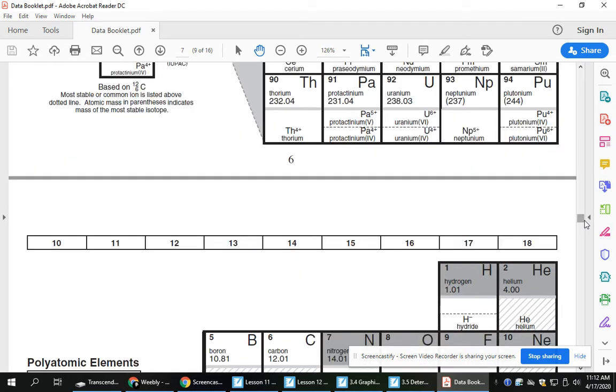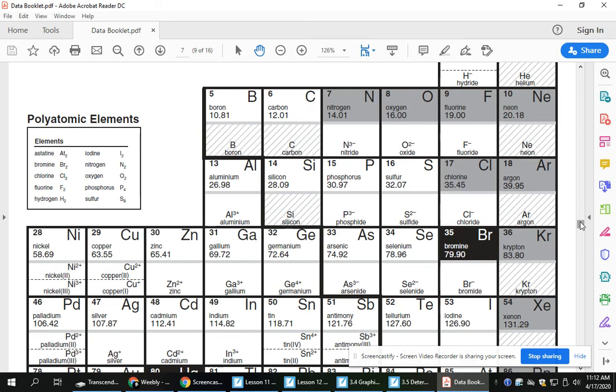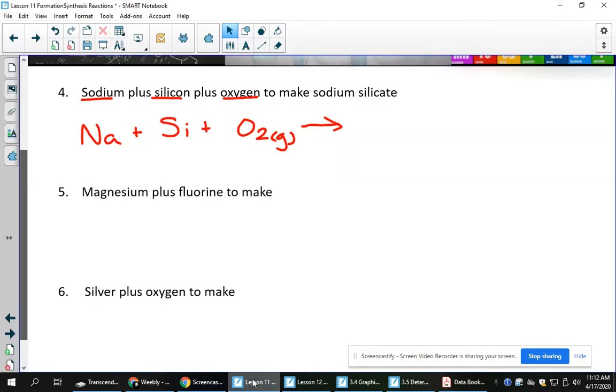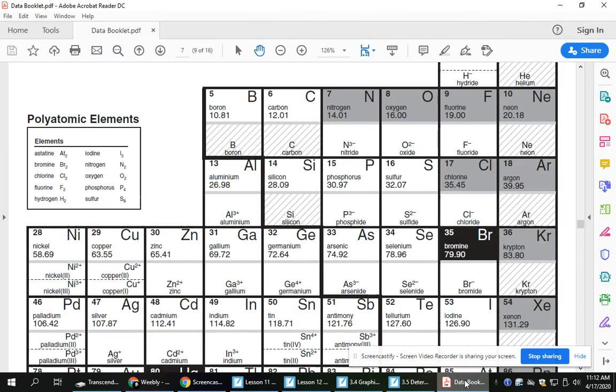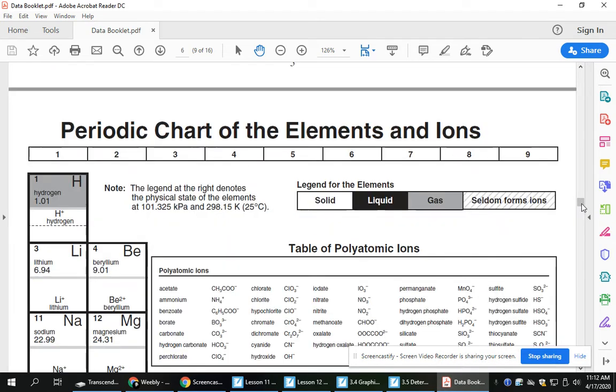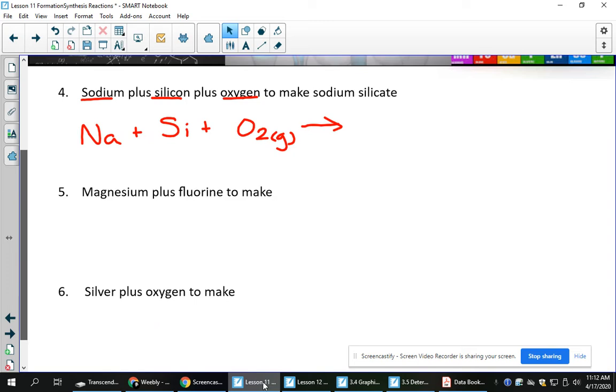I see silicon with a white background, and I see, what was our other one? Sodium on this page, also with a white background. Those are both solids. They make sodium silicate.